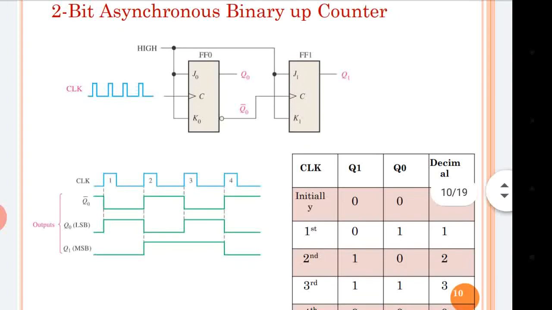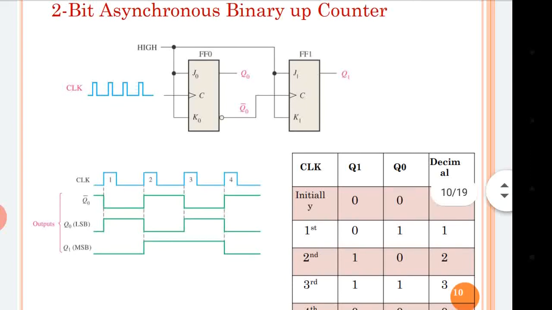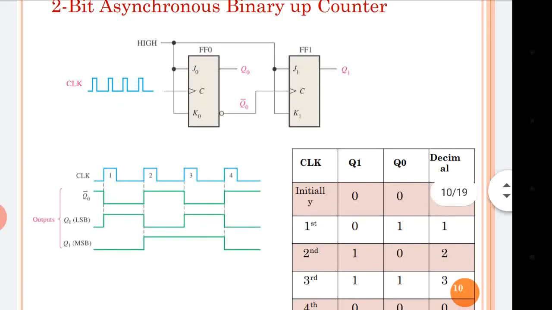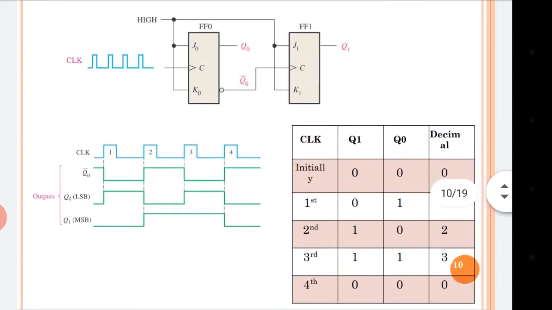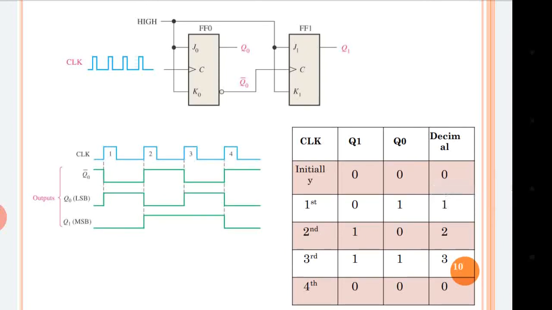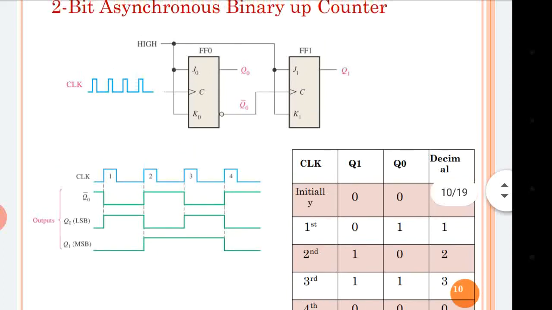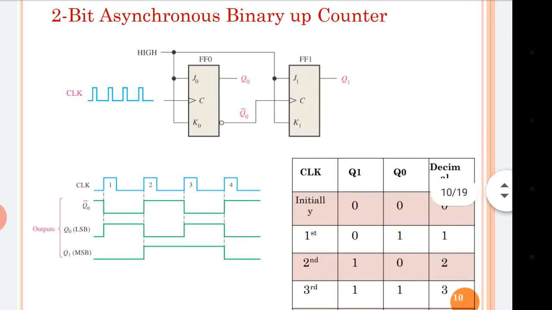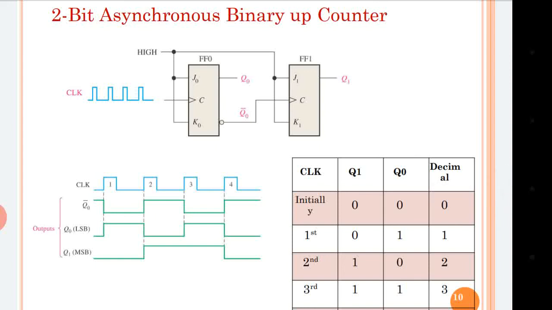The same logic applies, and the waveform diagram is also shown. This counter will also count from 0 to 3 in the upward direction. So remember the circuit connection, whether you are drawing falling edge triggered or rising edge triggered flip flops.